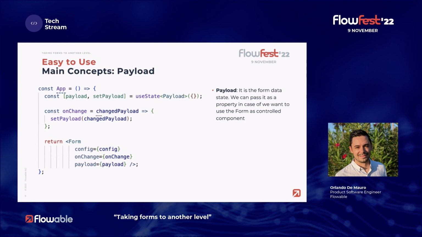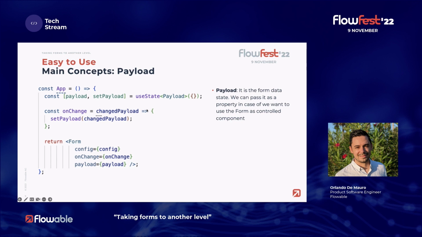One of the other main concepts of our form engine is the payload. So what is the payload? The payload is basically the form data state. We can just reuse the payload that is internally in the form. And if we pass the payload as a property, we can use the form as a controlled component.